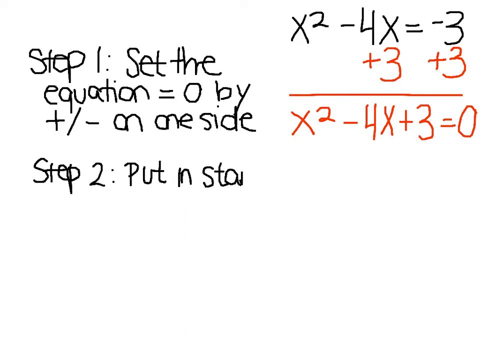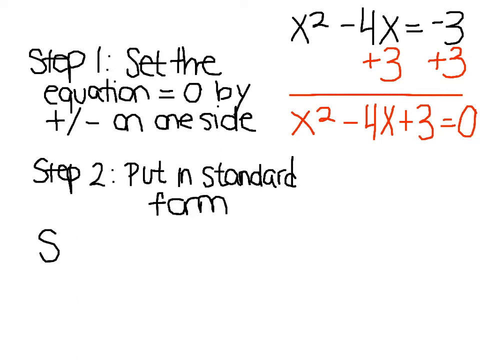Now remember, standard form is the exponents going from greatest to least. So in this case, my polynomial is already in descending order. But in case it hadn't been, you need to rewrite it that way. Otherwise, you will not factor correctly.